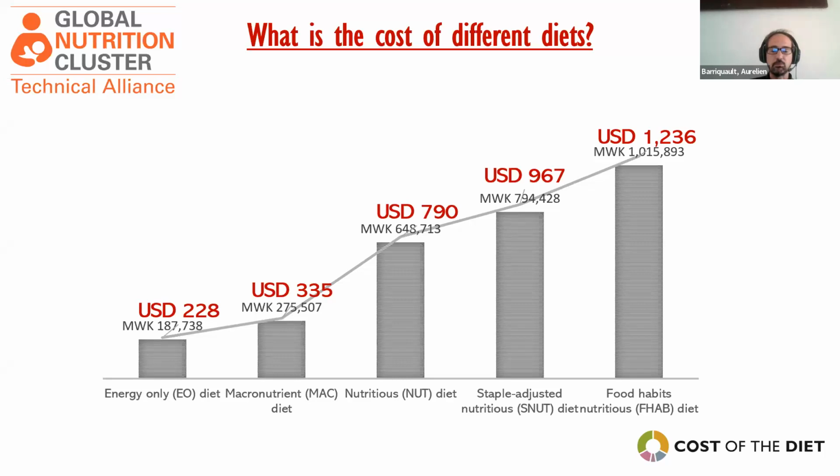There are 4 diets generated by the software. The energy-only diet meets energy requirements. The nutritious diet meets the micronutrient requirements, but is based on all the food available in the market, so basically your market data.